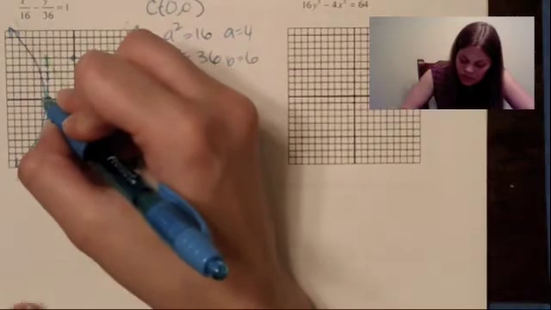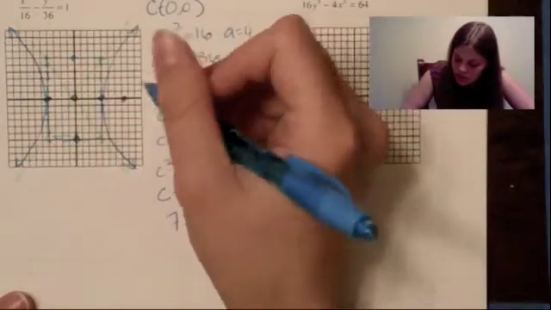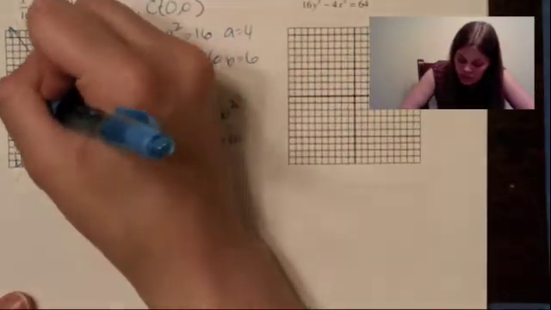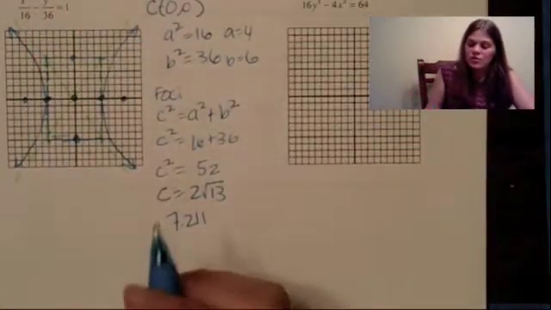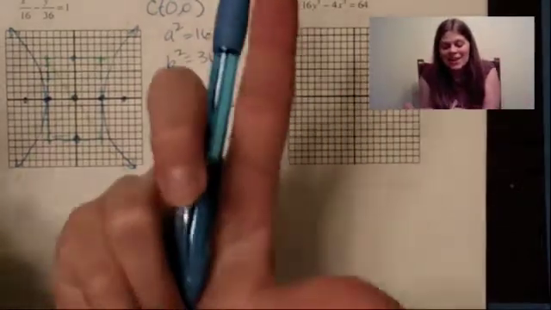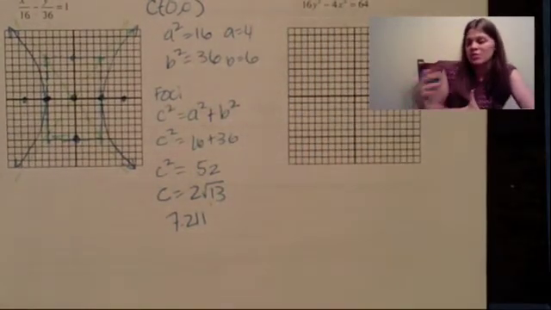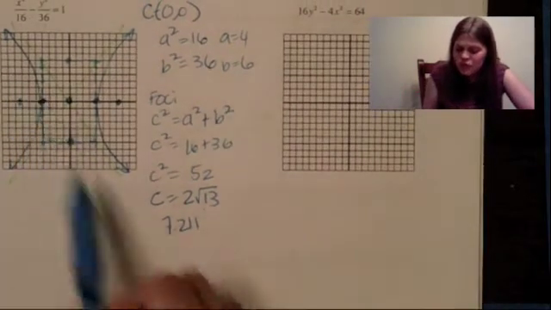So here's one of my foci, and 4, 5, 6, 7.2, there's your other focus. Notice it's on the inside of each parabola half. That's why it's called a hyperbola, because it's similar to a parabola. Anyways, so that's your foci.